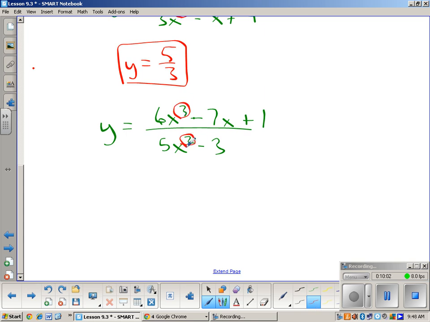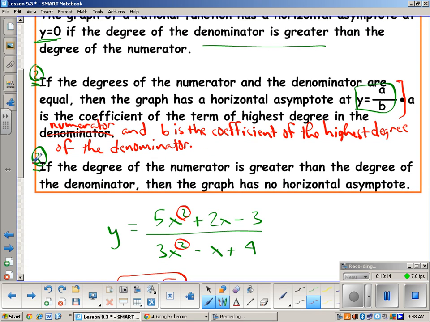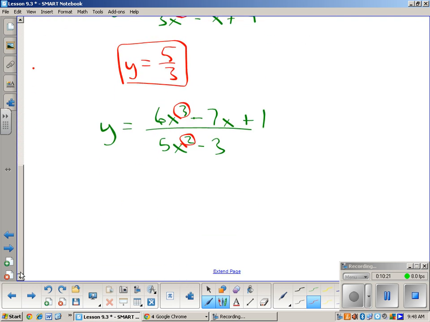You're noticing they don't have the same degree, and the degree on the top is bigger than the degree on the bottom. So that is scenario number 3, which means there is no horizontal asymptote. So when I said, where is it? The answer is there is none. So no horizontal asymptote.